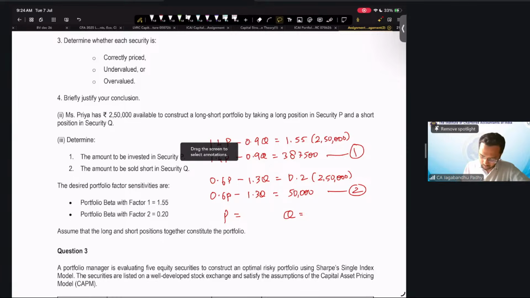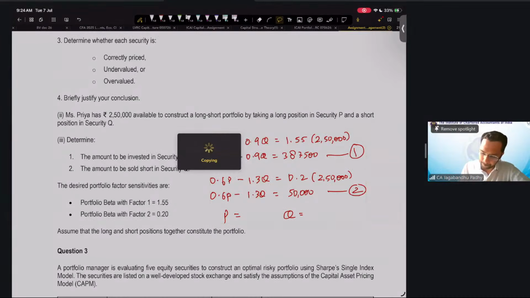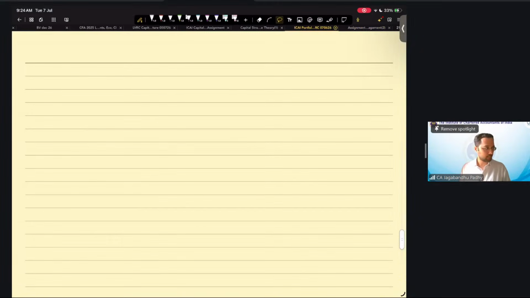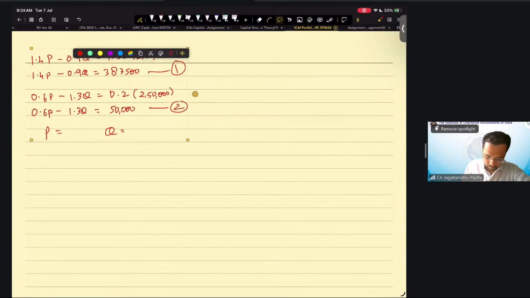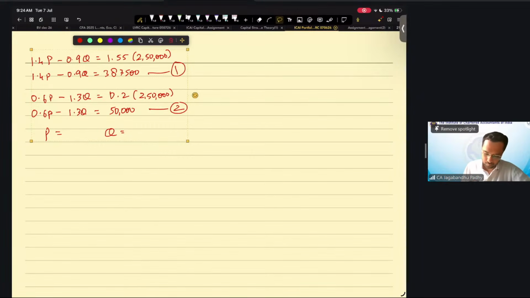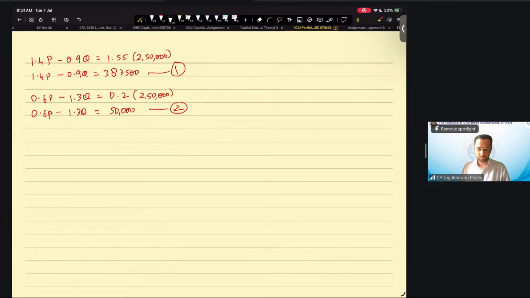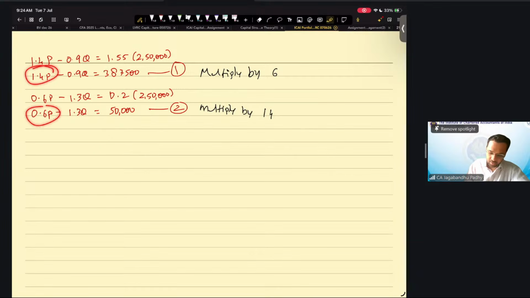Okay, let me just quickly solve it for you then. Let me multiply this by 6 and this by 14 so that I'll be able to get similar P coefficients.